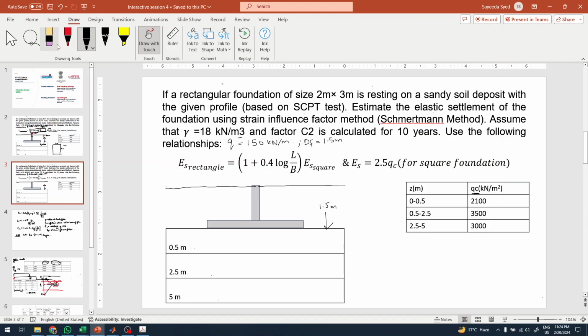Okay, so let us start solving this question. Let me refer to the formula sheet. Give me a moment.